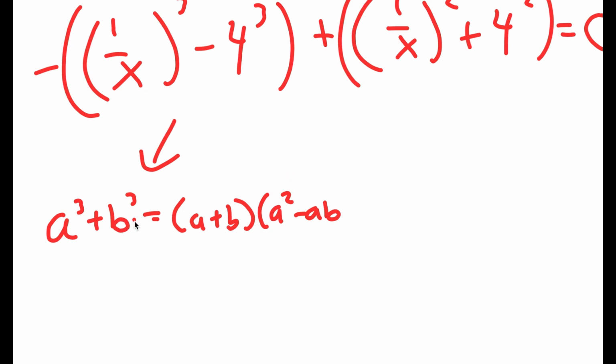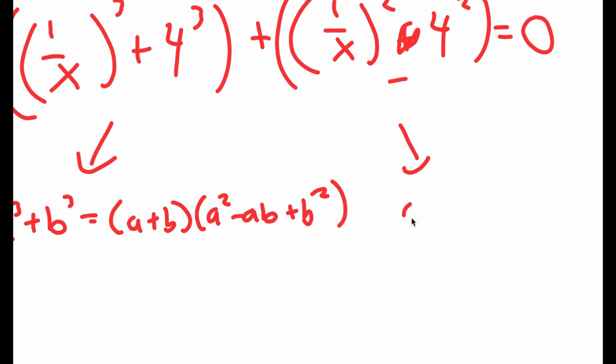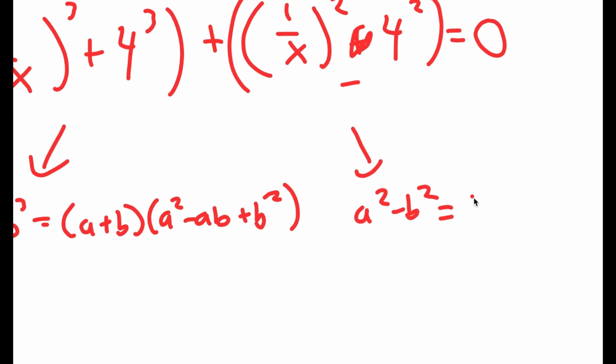So now, a to the power of 3 plus b to the power of 3 is equal to a plus b times a squared minus ab plus b squared. And a squared minus b squared is equal to a plus b times a minus b.